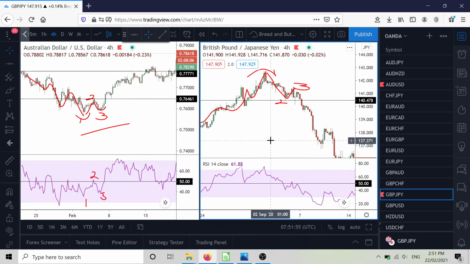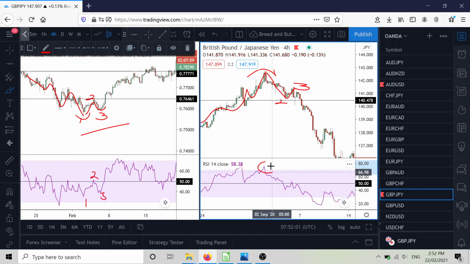But you can see here the RSI is the key, right? From point number 1 right here, it goes lower than level 50, and then goes higher, back up above 50, and then goes lower.